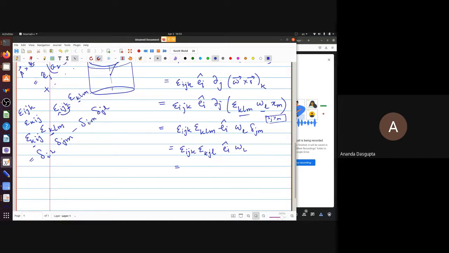That's the formula for the product of two epsilons summed up over K. We leave out the common one and do the interchange. It's typically easier to put the common one at the same place so that you can fall back on the standard result. Otherwise, you'll have to keep on thinking about sign changes and so on.